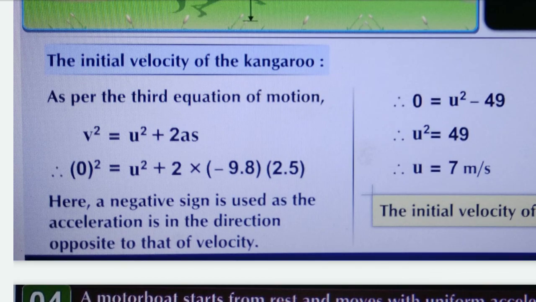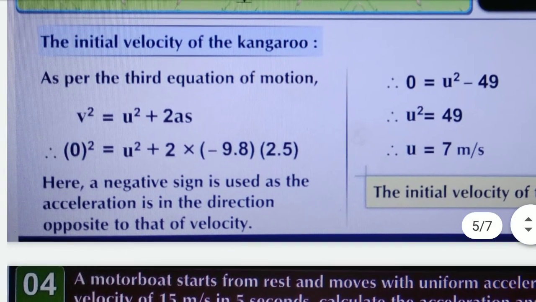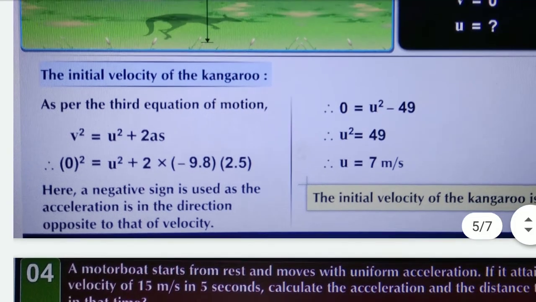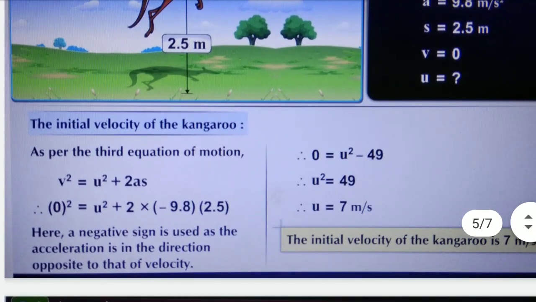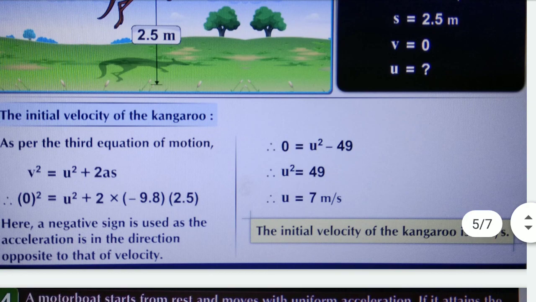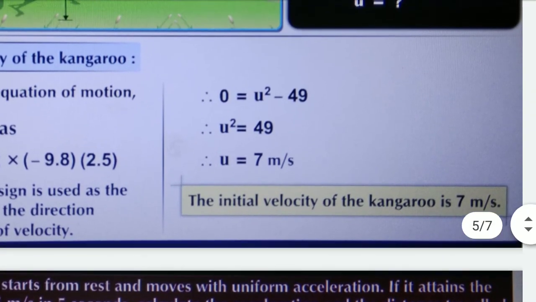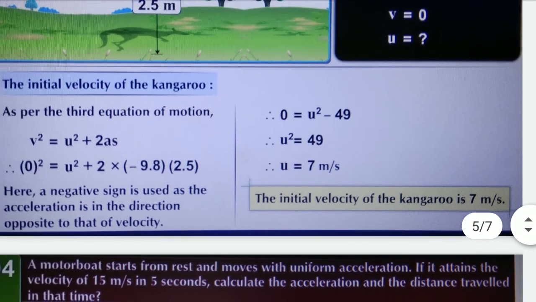The negative sign is used as the acceleration is in the direction opposite to that of velocity. After calculation, 0 is equal to u square minus 49. That is u square is equal to 49, and therefore u is equal to 7 meter per second. Therefore, the initial velocity of the kangaroo is 7 meter per second.